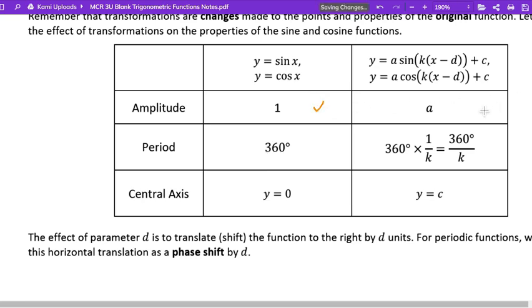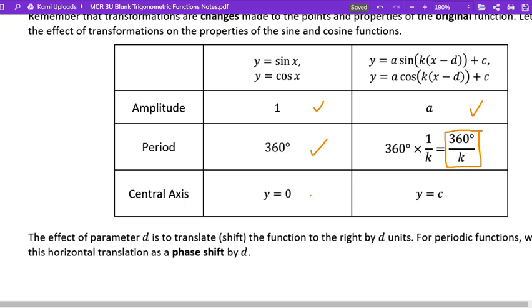Once we have a vertical stretch, the amplitude becomes a. The period of a parent function is 360, and the period becomes 360 times 1 over k, which is actually just 360 over k, right?